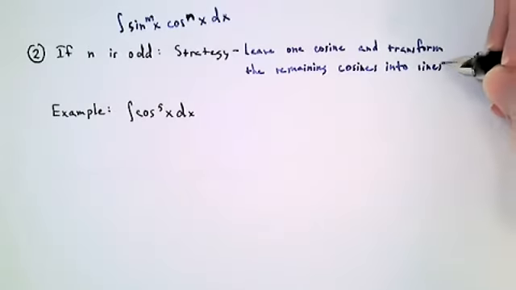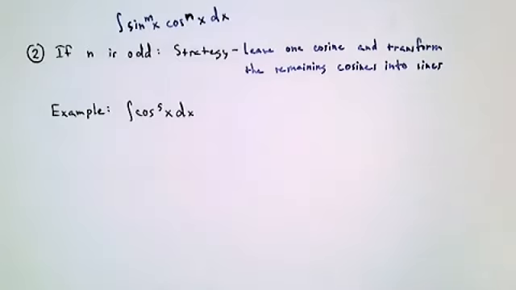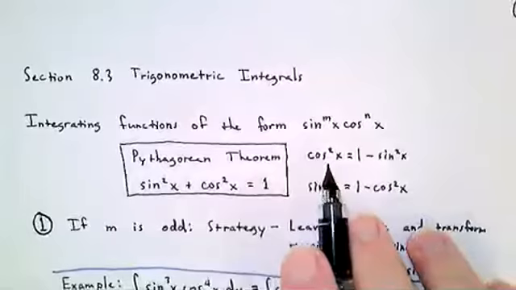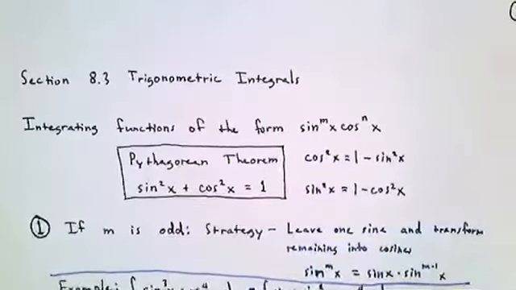Again, using the Pythagorean theorem, but just the opposite version solved for cosine squared, which will be 1 minus sine squared.